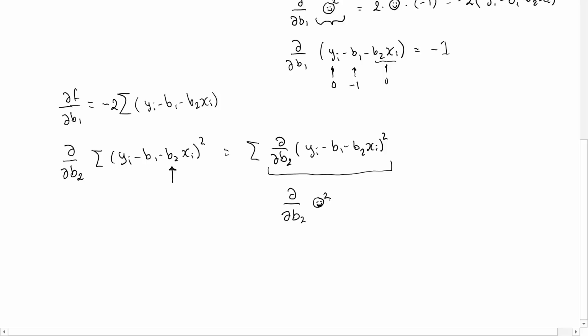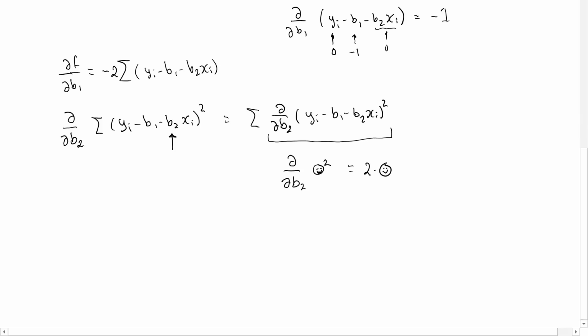Square. So same thing, derivative of something squared is 2 times the something. And we need to find the inner derivative. So let's do that below. d/db2 of the inner function. The inner function is the same function, like this, but now the derivative is with respect to b2.